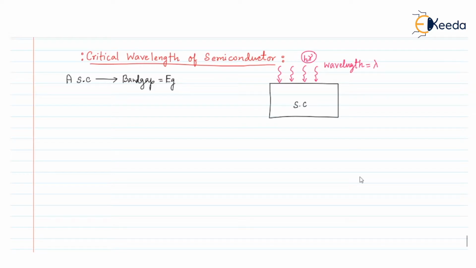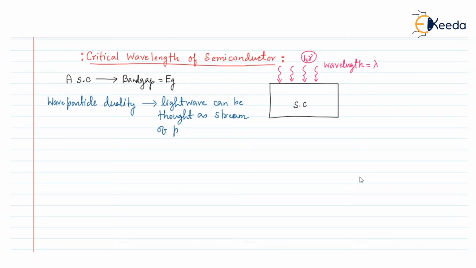For this, we can write that according to wave particle duality, light wave can be thought of as a stream of photon particles.